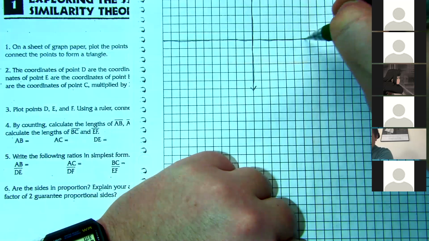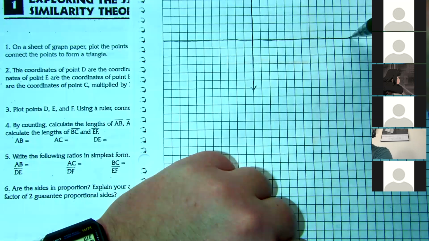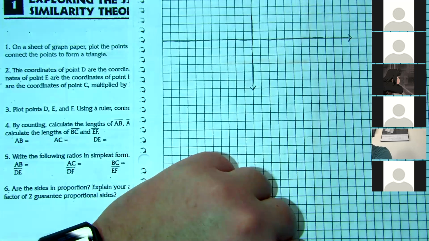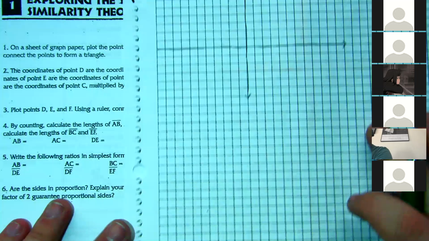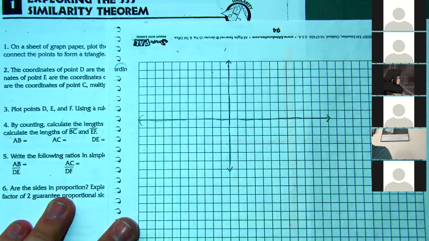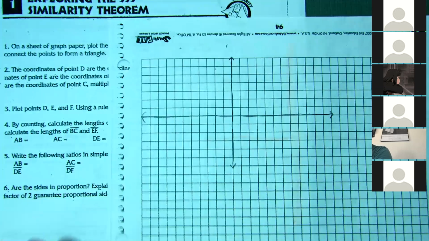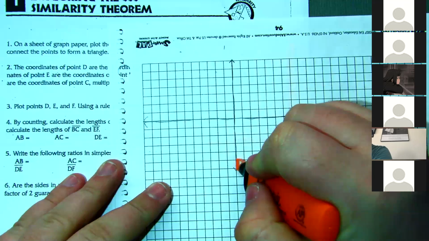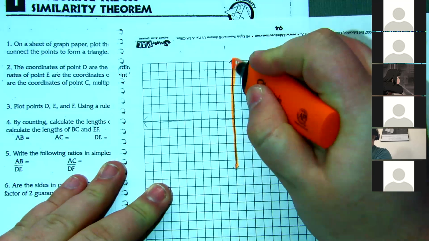It doesn't have to be super duper big. We just need to have a set of axes on there. And I will highlight these real quick just to make them stand out a little more.